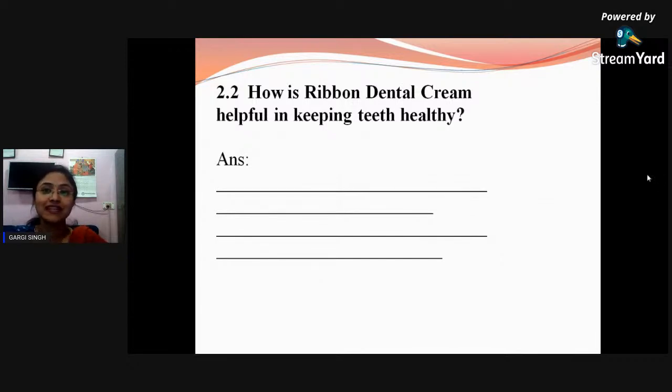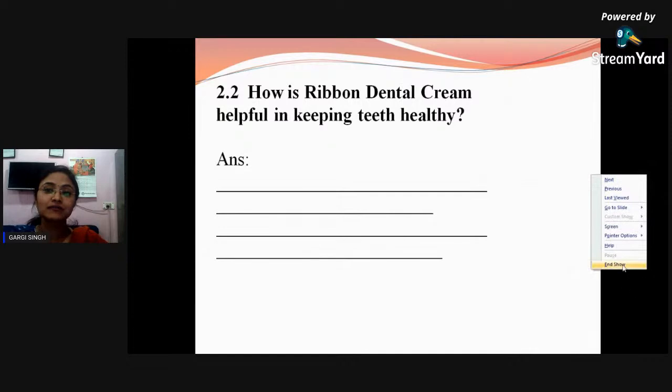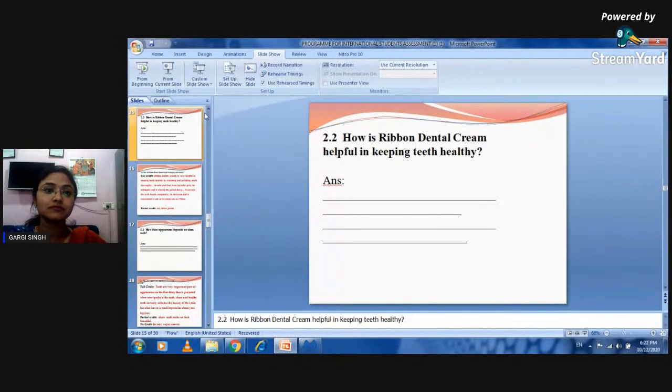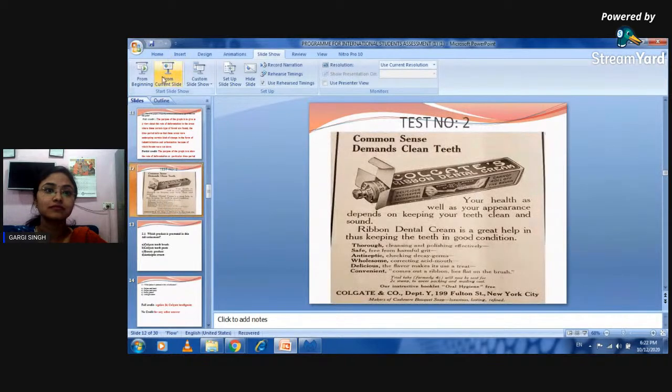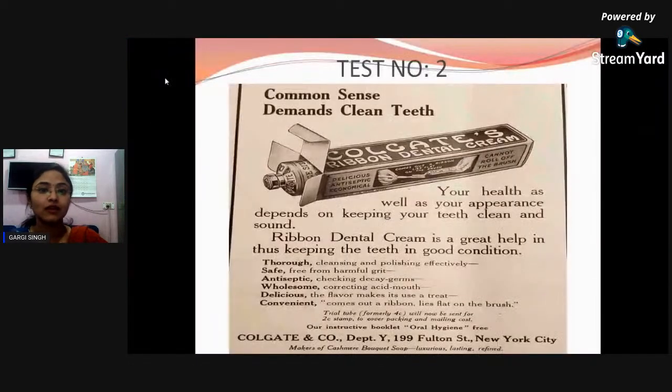So for your convenience, let me take you to the advertisement. Observe it carefully. How is ribbon dental cream helping in keeping teeth healthy? So go for the answers.